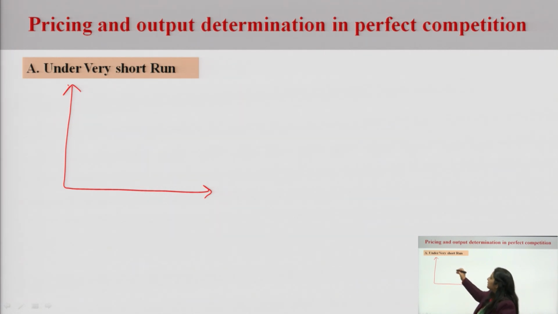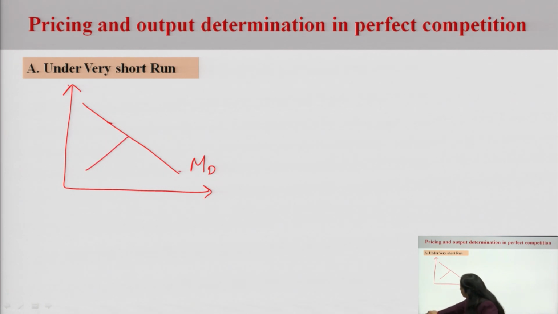What he can do is identify the price for today. As I have said, demand has a negative slope, falling downwards. Suppose this is the market demand and this is the market supply, which is constant. So, for today the market supply is denoted by this line MS.